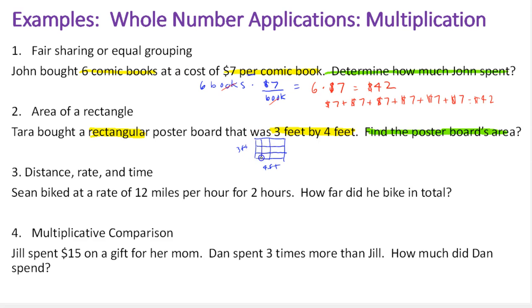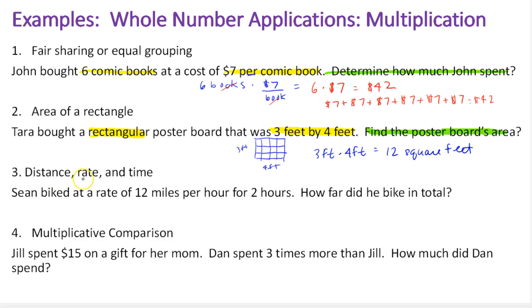Then I'll cut this into 4 pieces. And now notice we have 1, 2, 3, 4, 5, 6, 7, 8, 9, 10, 11, 12 square feet. So 3 feet times 4 feet equals 12 square feet, which is the area.